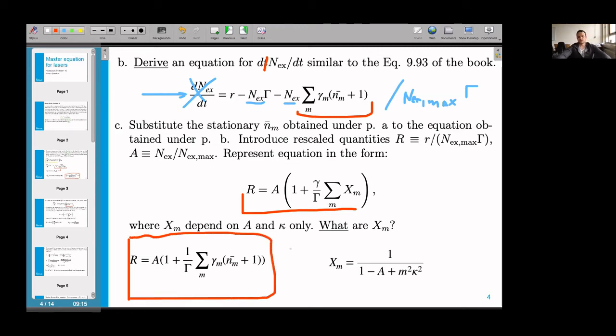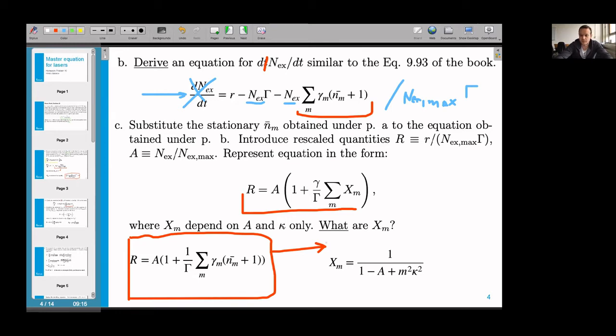And what is left to do is to replace the number of modes in the mode M from the stationary solution. If one does that, after some simple algebra, one can obtain what is x of m.